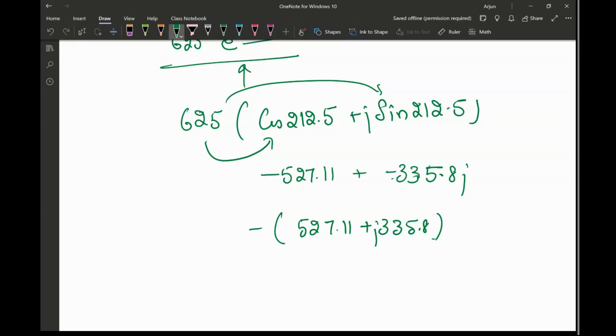Chapter 12.6, the final answer for question 33. Yes, this is absolutely the correct answer.